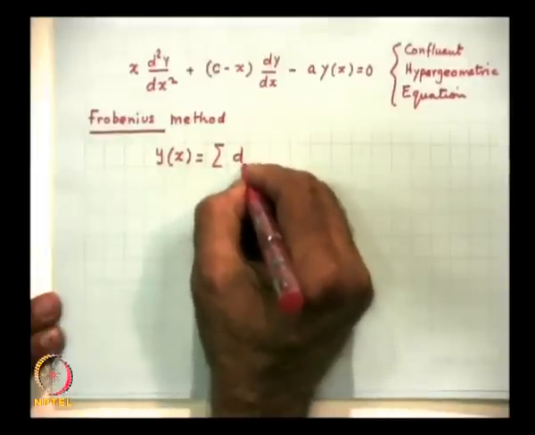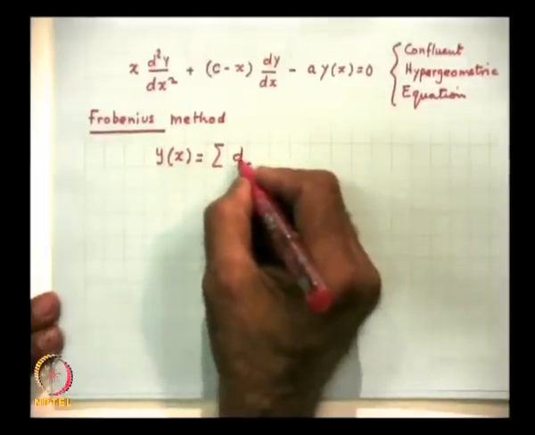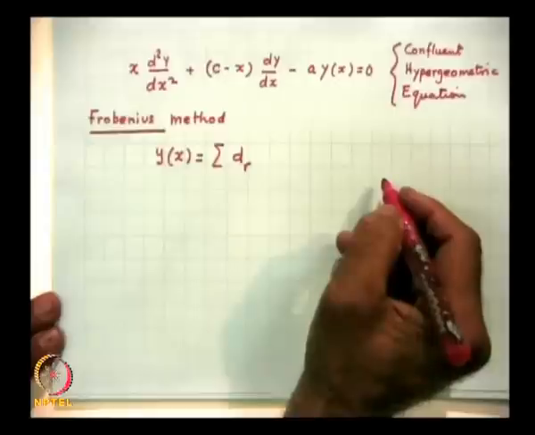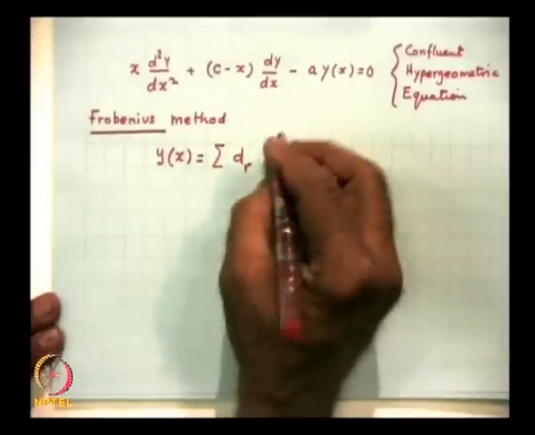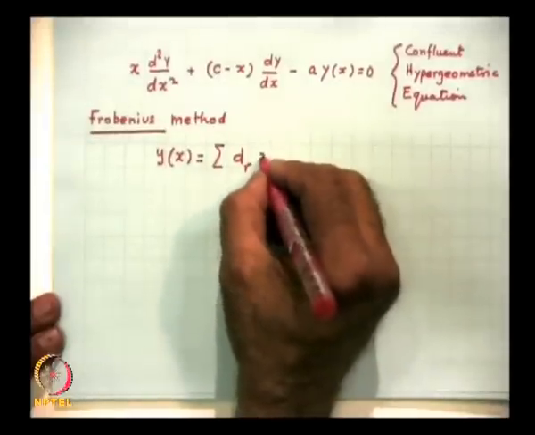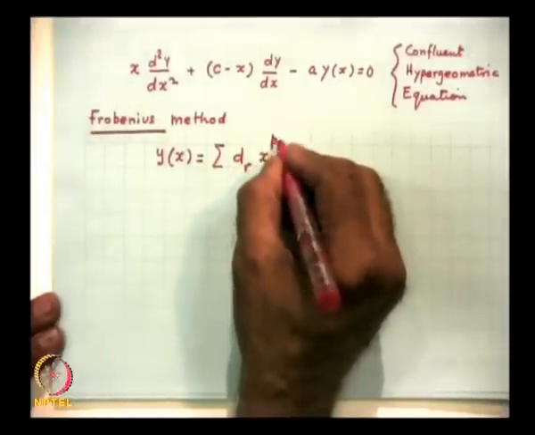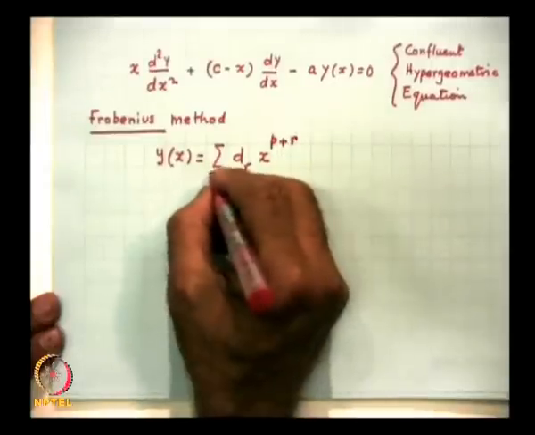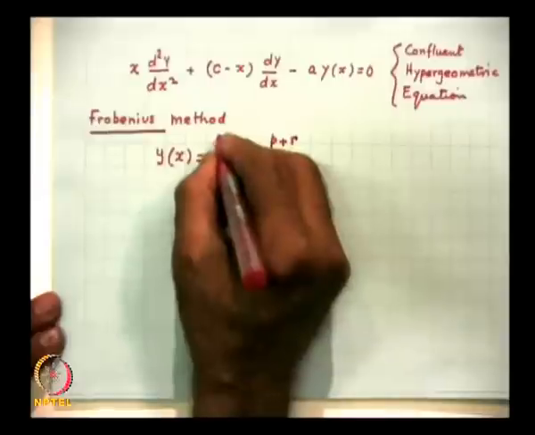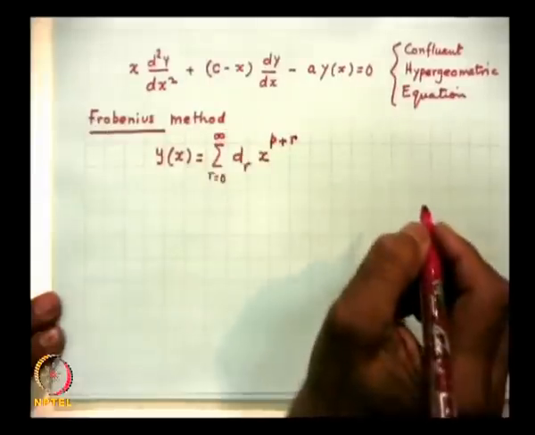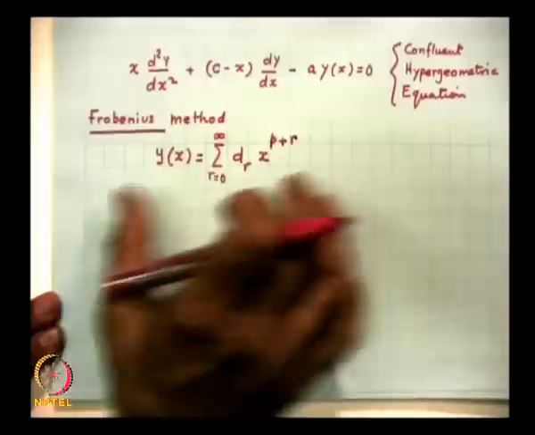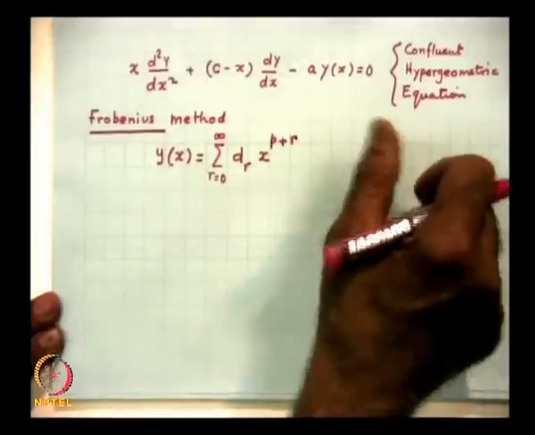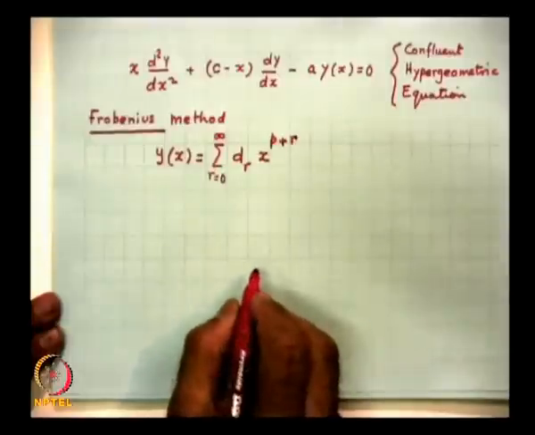Usually the constants are written as C of r, but since the constant c is appearing here, we will replace this by d_r, so y is the sum of d_r x to the power of p plus r, where r goes from 0 to infinity. This is the fundamental equation used in the power series expansion.